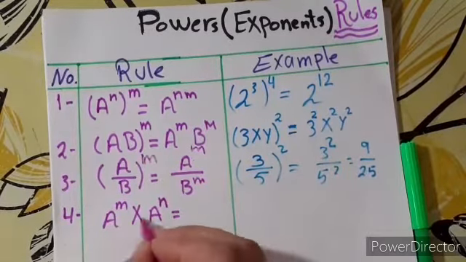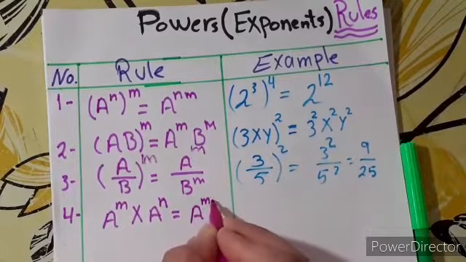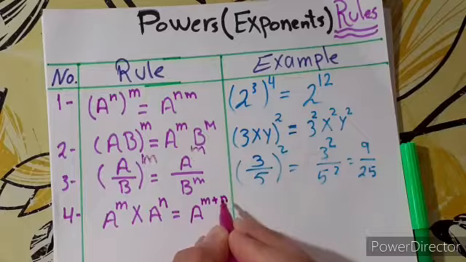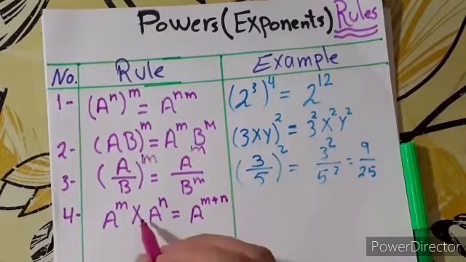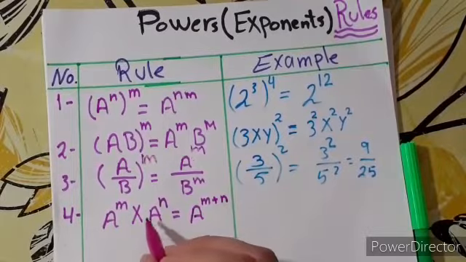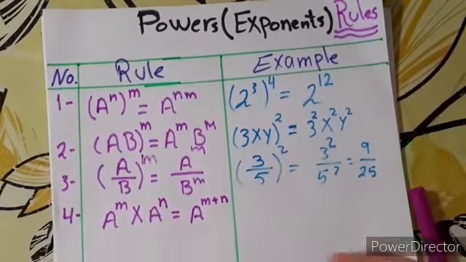When we multiply, we must add the powers m plus n when we have the same base. Again, when we multiply two numbers, we must add the two powers if we have same base. Okay.